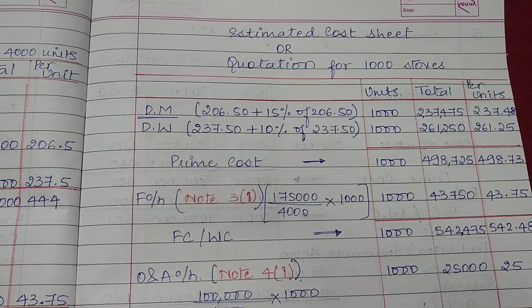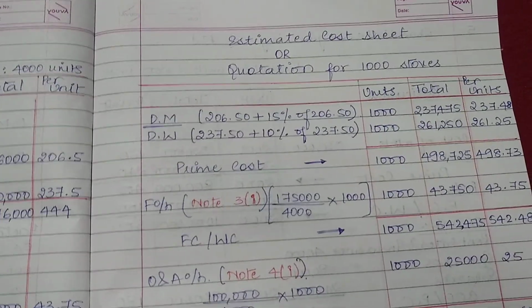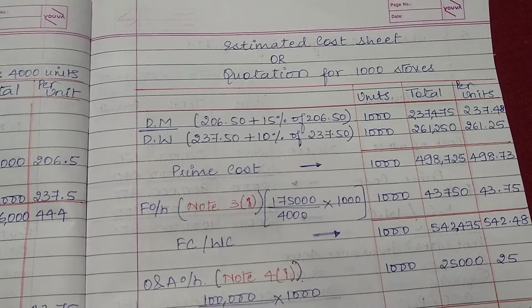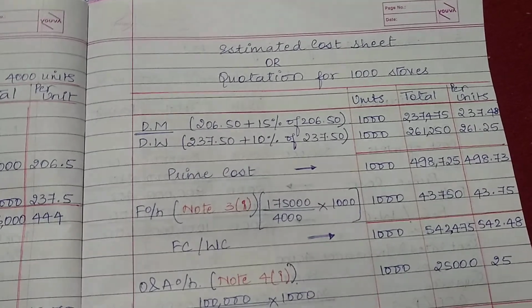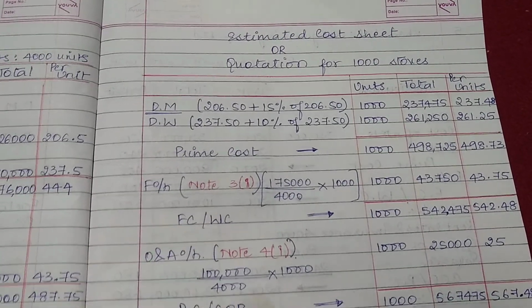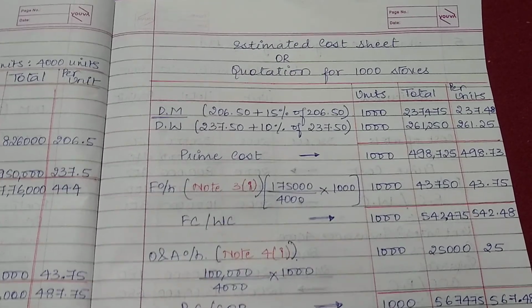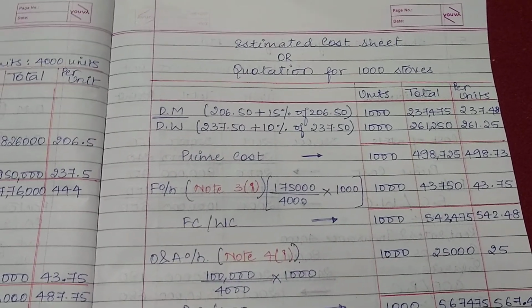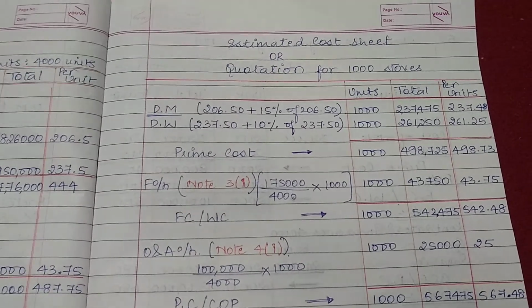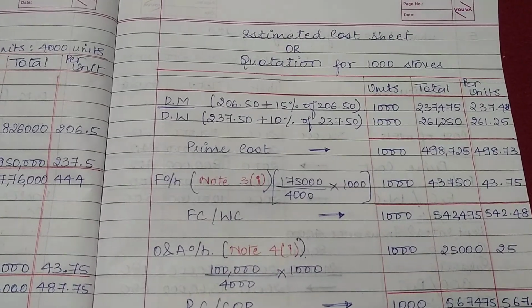So factory overhead, in this particular problem, they have not mentioned anything. So what you have to do under your factory overhead, under the points to be remembered, you have 2 points. The first point says when the units is given, you have to take the formula which is actual factory overhead divided by actual number of units produced into estimated number of units produced. The same thing I have taken.